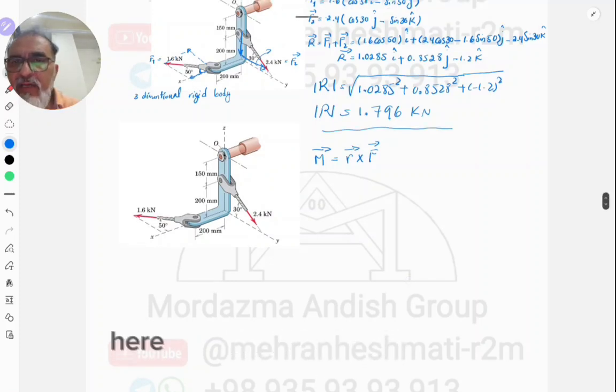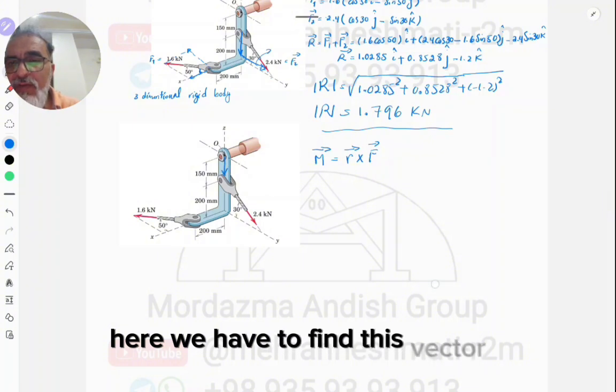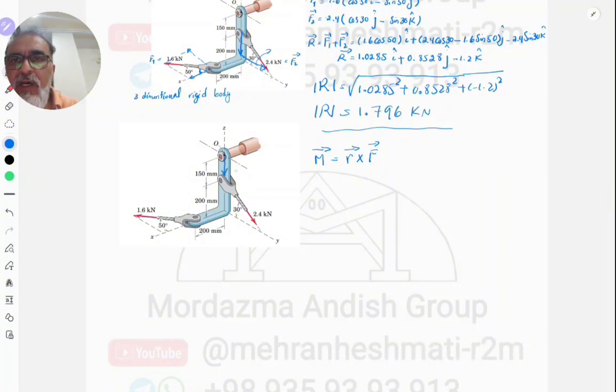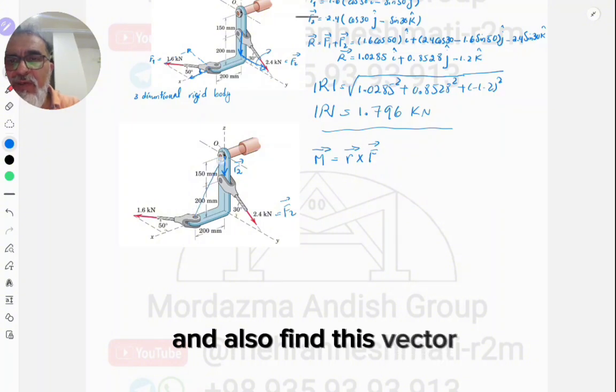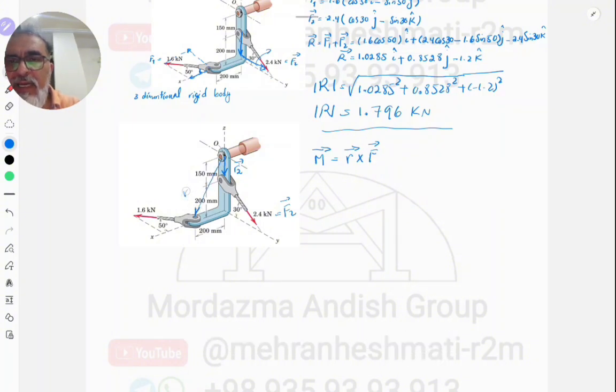I mean, here we have to find this vector as r2 and this is F2, and also find this vector as r1 and this is F1.